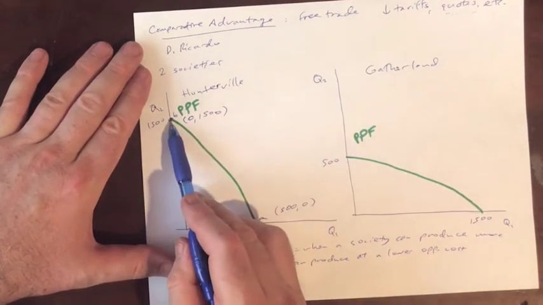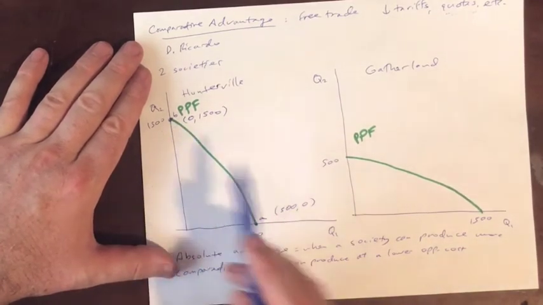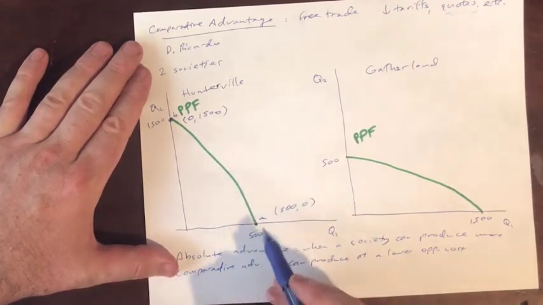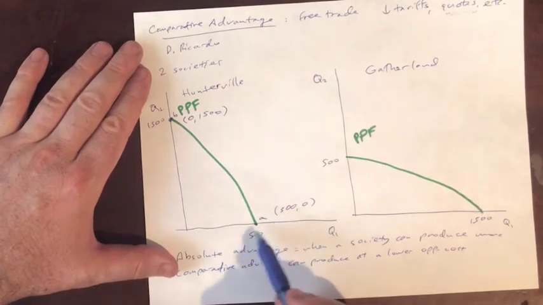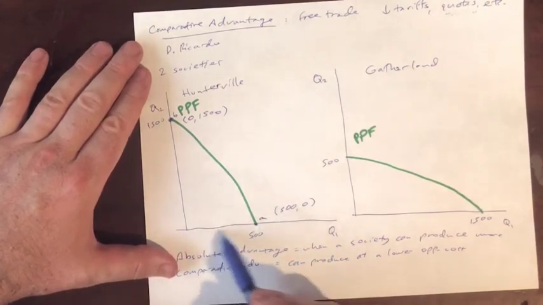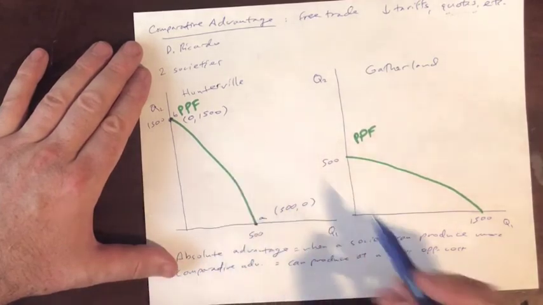So what is the opportunity cost for them? If they produce at point B, what's the loss over the gain? They give up this 500. B versus A, we give up that. The opportunity cost is 500 over 1500.